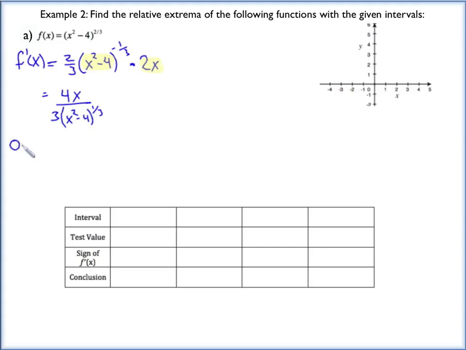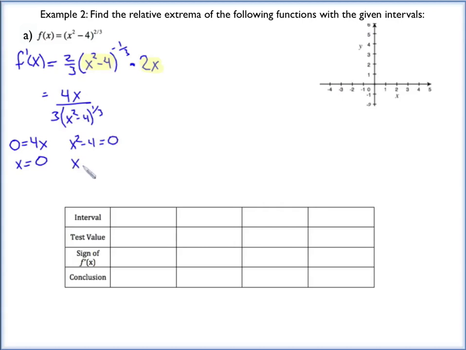So remember, it's going to be 0 where the numerator equals 0, okay, which is at x equals 0. And then the derivative is not going to exist when the denominator equals 0. And that's going to happen where x squared minus 4 equals 0.